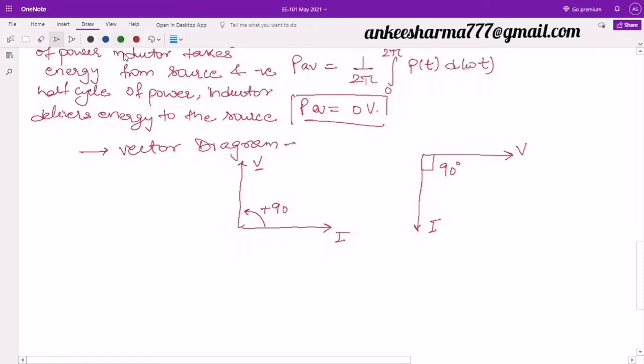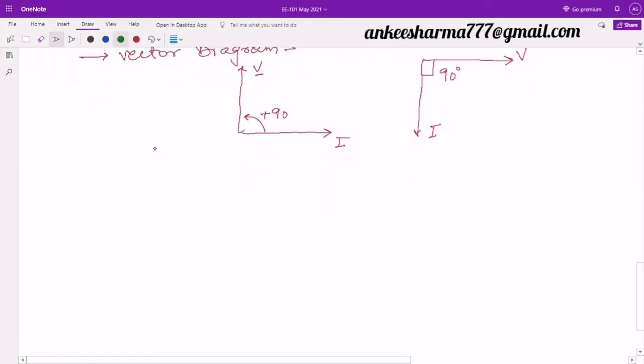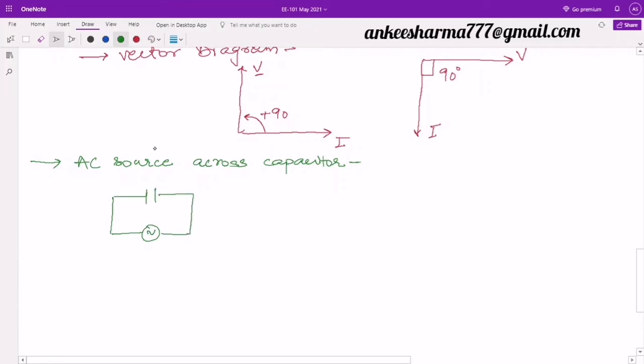Third one is the AC source across a capacitor. It will be exactly opposite to that of the inductor. So again we will take a sinusoidal signal over here, and the capacitor will be connected across it.